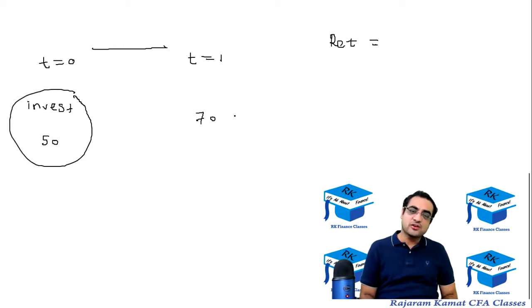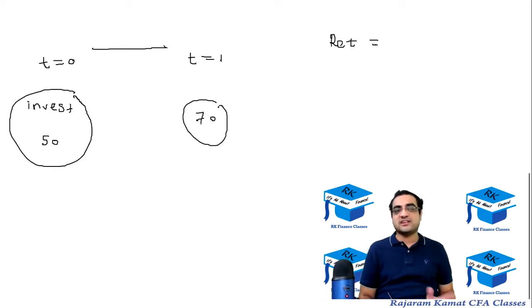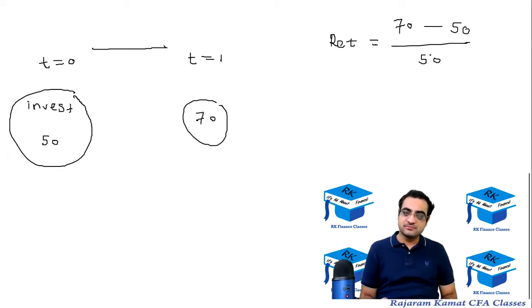You invest 50 and receive 70. This is valid for a 1 year horizon. So 70 minus 50 is 20, 20 upon 50, 40% would be the return.